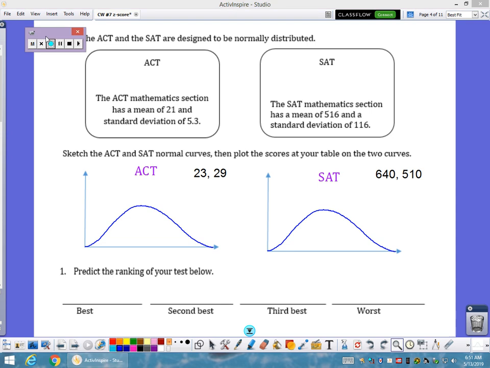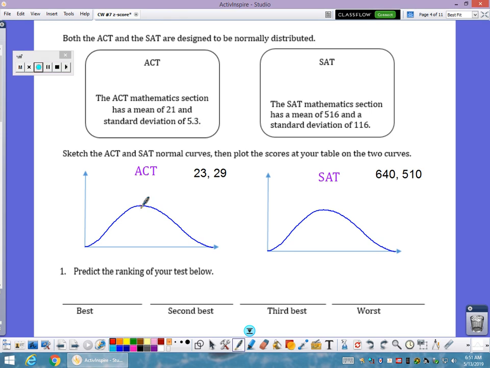Both ACT and SAT are designed to be normally distributed. The ACT mathematics section has a mean of 21 and a standard deviation of 5.3. So with a mean of 21, I just did 2 deviations. On the next page, this has a mean of 516 and a standard deviation of 116.